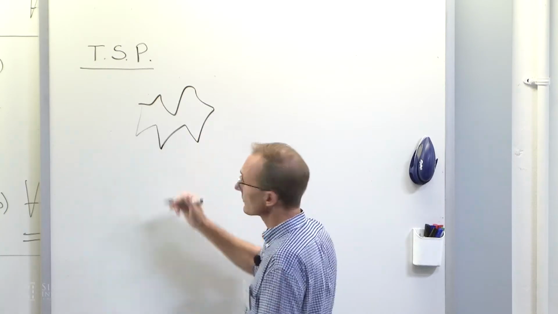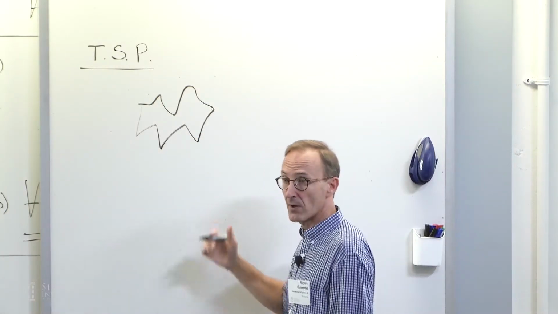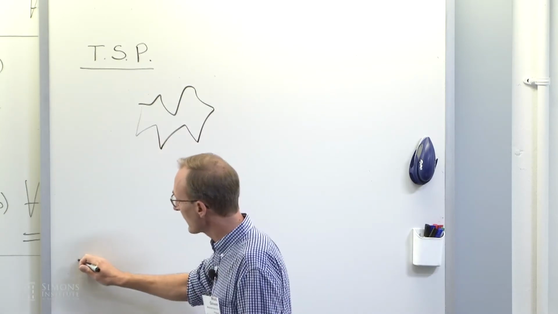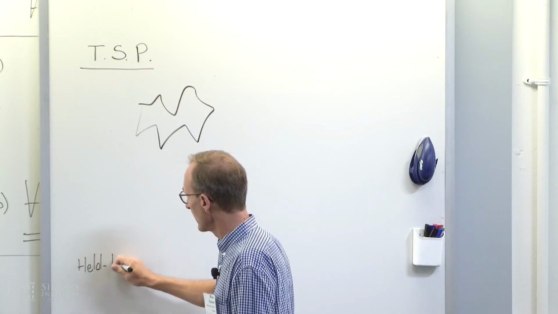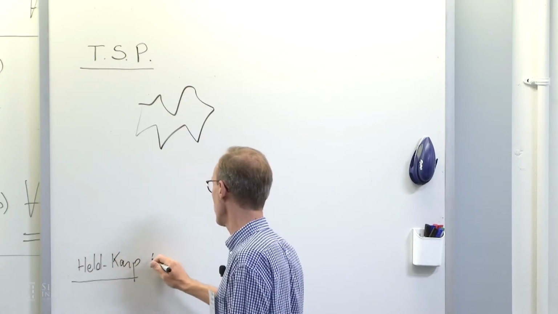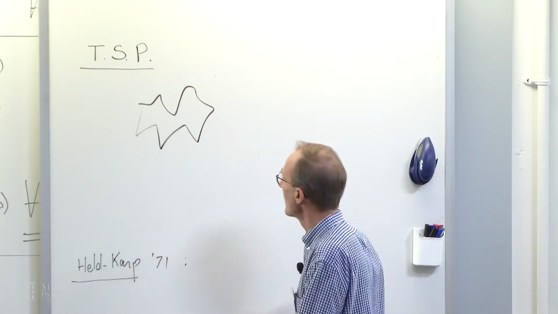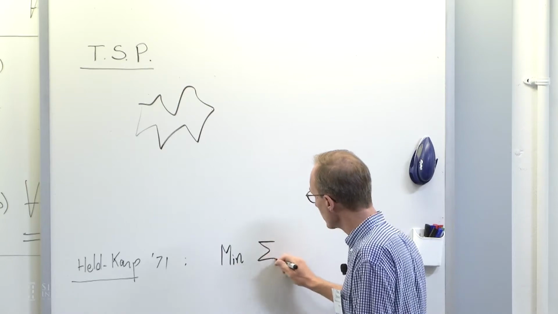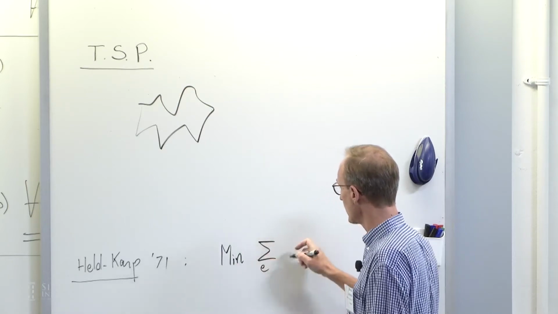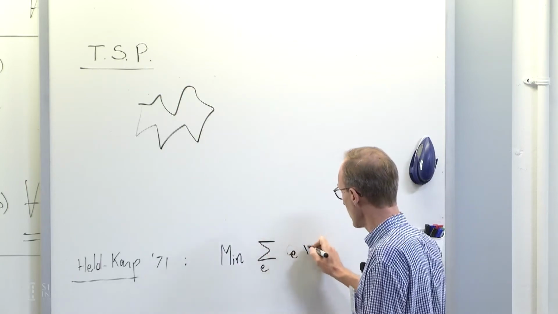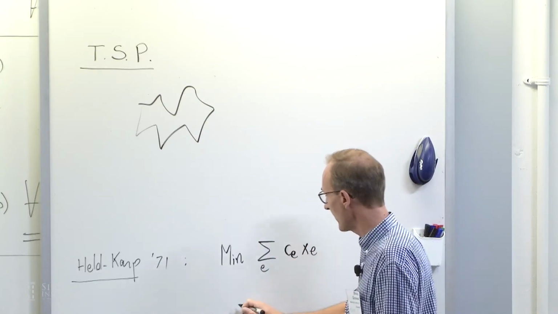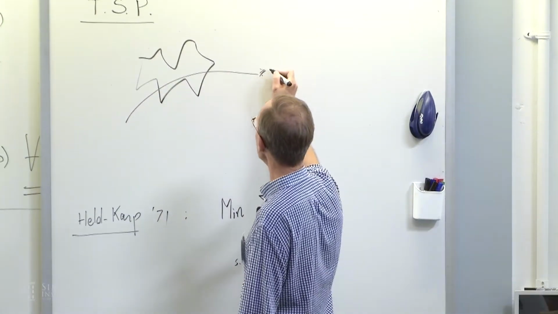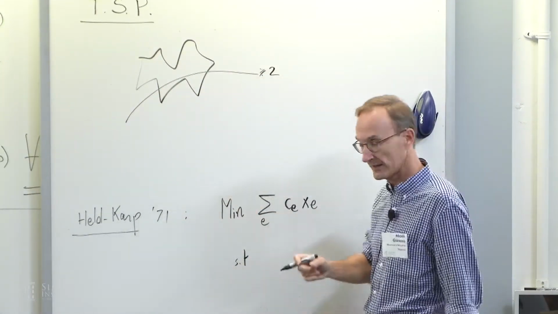And you can try to relax it. One way you could try to relax it, in polynomial time, you can compute the so-called Held-Karp bound from 1971. What you would do is minimize over all edges of the complete graph the sum of c_e x_e, where c is the length, subject to: if I look at every cut, I need to have at least 2 edges in my tour.